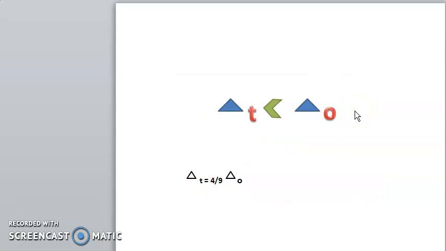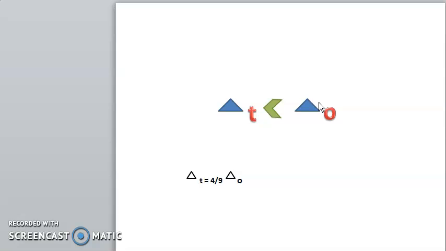Here is a graphical representation. This one is your del, and this T for tetrahedral is smaller than this del O for octahedral. So the value of del tetrahedral is lower than that of del octahedral.